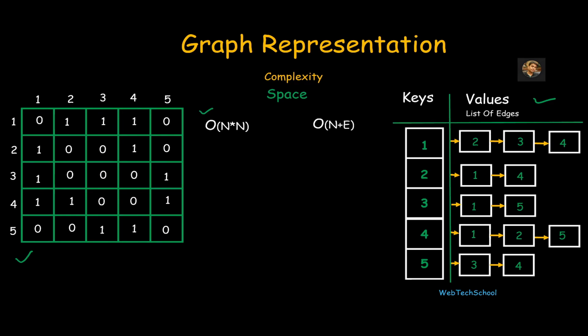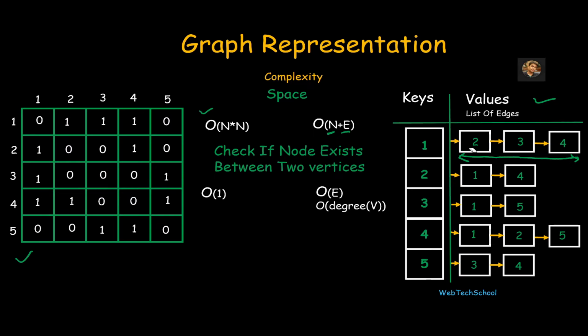In the hash table, as part of the keys, we need to store all the vertices. So n is the number of vertices in the graph. Along with that, we also need to create the linked list, and the linked list will store the edges present inside the graph against that vertex. So E stands for the number of edges in the graph. So it will be big O of n plus E.